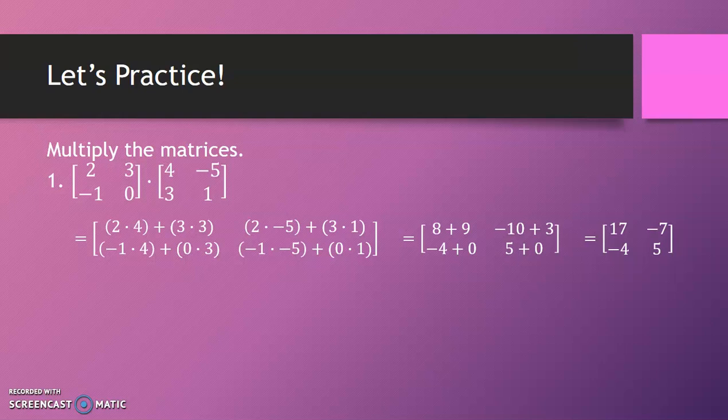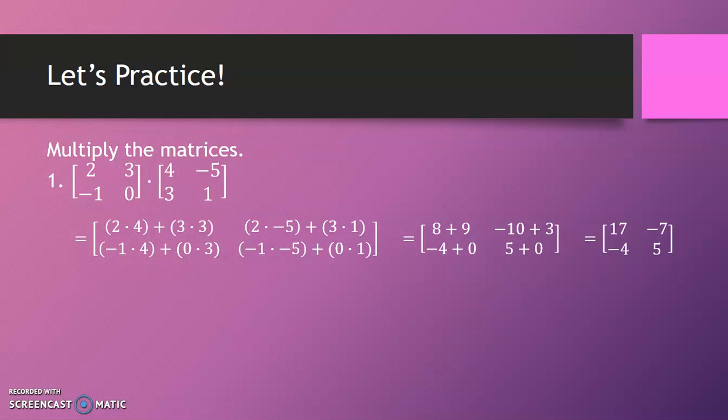For the bottom row of my new matrix, I take the second row times the columns. So negative 1 times 4, 0 times 3. Negative 1 times negative 5, and 0 times 1. Now after I've set it up with all my multiplying, what I do before I add is simplify a little bit by multiplying the numbers that you see.